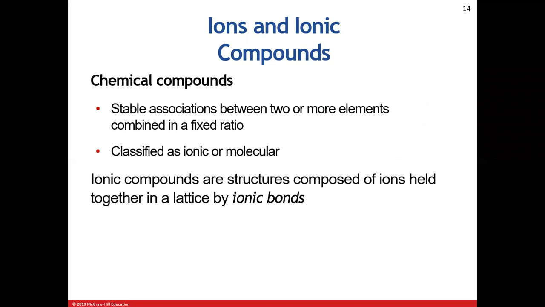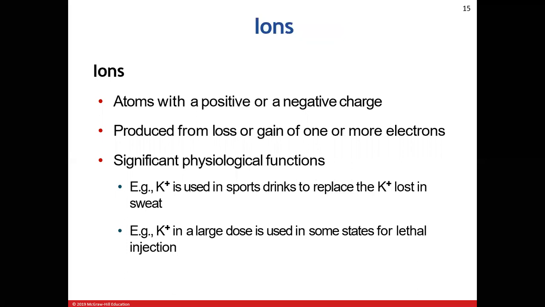These are going to be classified as ionic or molecular. Okay. Now, ionic compounds are structures that are composed of ions. They're going to be held together in a lattice by ionic bonds. So we really need to look at what ions are and how they create these ionic bonds.